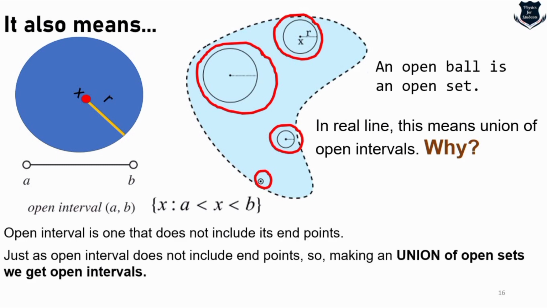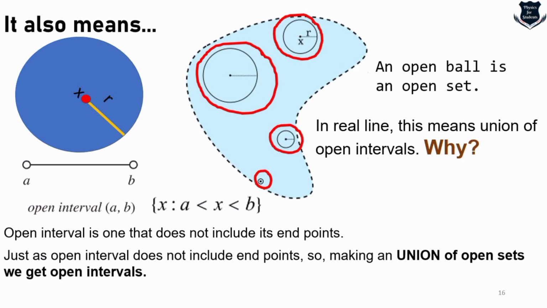An open interval, we know by definition, is one that does not include its endpoints, and just as an open interval does not include endpoints, so making a union of open sets, we get open intervals, right? Quite similar.